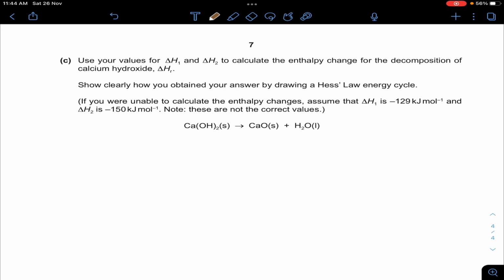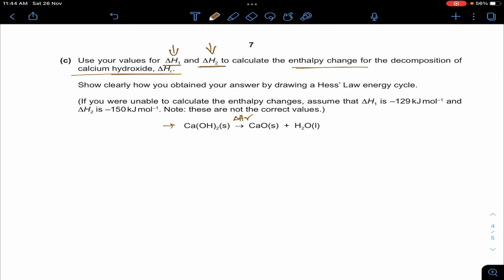Alright, now the next part of this question is: use your values for delta H1 and delta H2 to calculate the enthalpy change for the decomposition of calcium hydroxide for this reaction. Right, we have to calculate the delta HR of this reaction from delta H1 and delta H2.